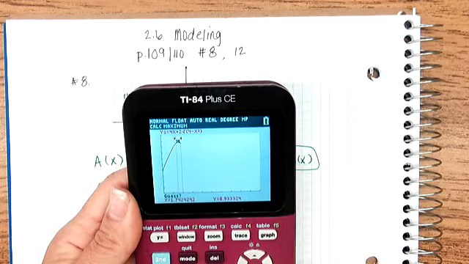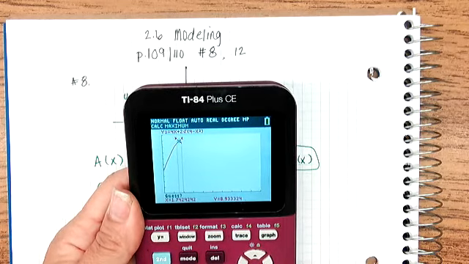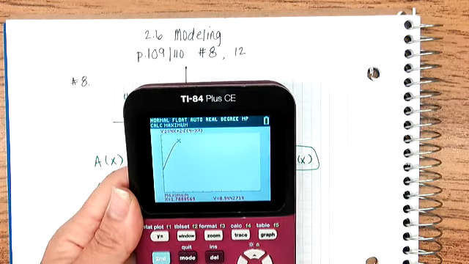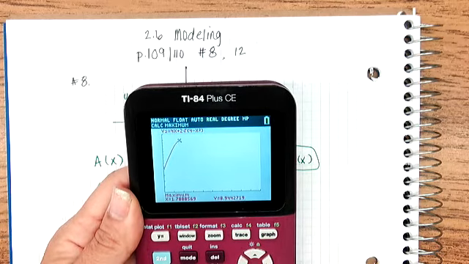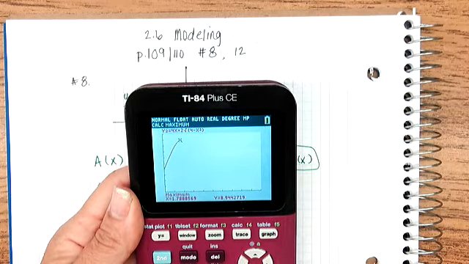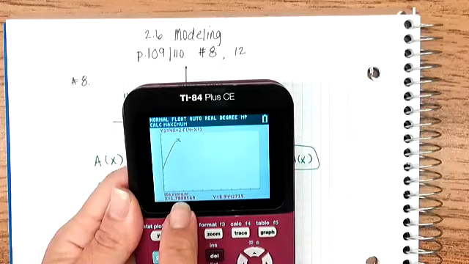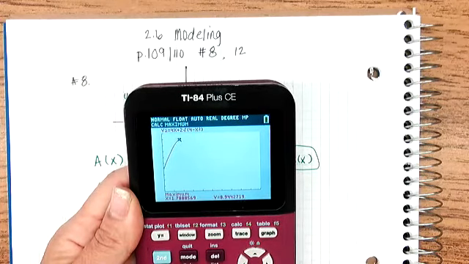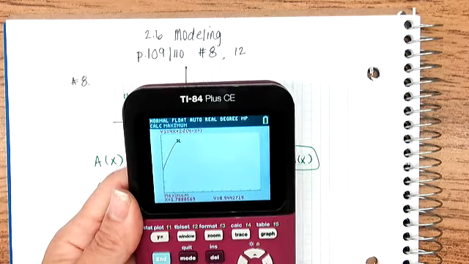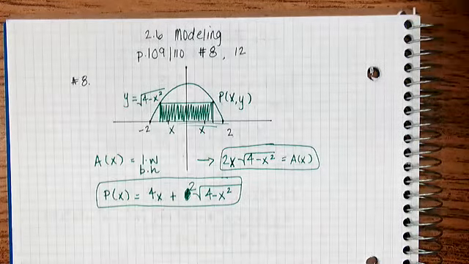For the guess, just put the cursor on top of the point that you're looking for, push enter, and it is approximately 1.8. When x is 1.8, the maximum perimeter is 8.9. Okay, there's number 8.